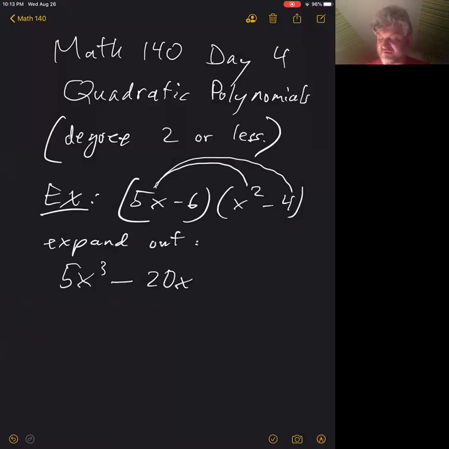We got to do the two inner terms, negative 6 times x squared, which is negative 6x squared. And finally, the two last terms, negative 6 times negative 4. And that is plus 24.